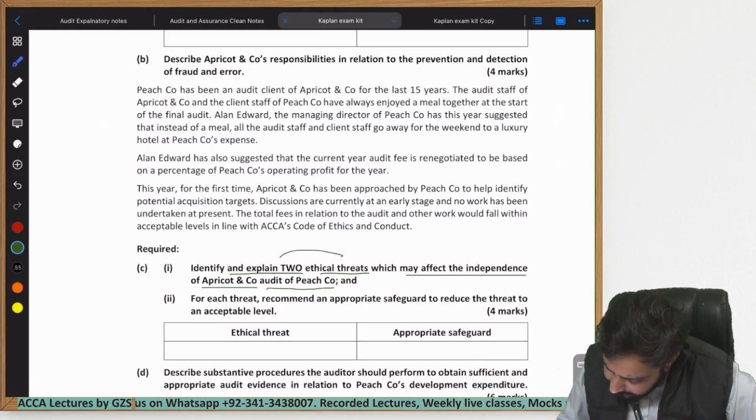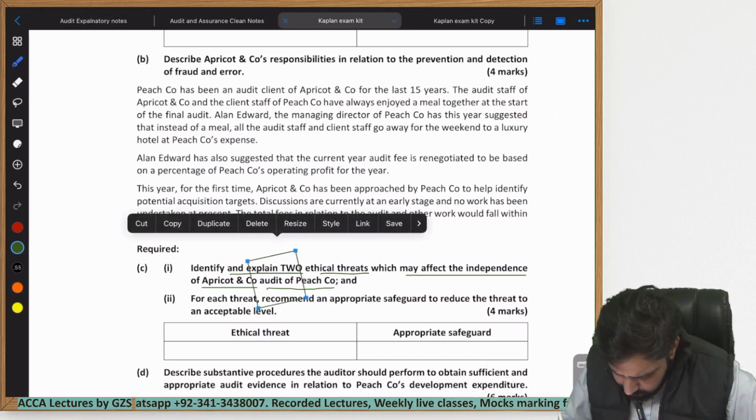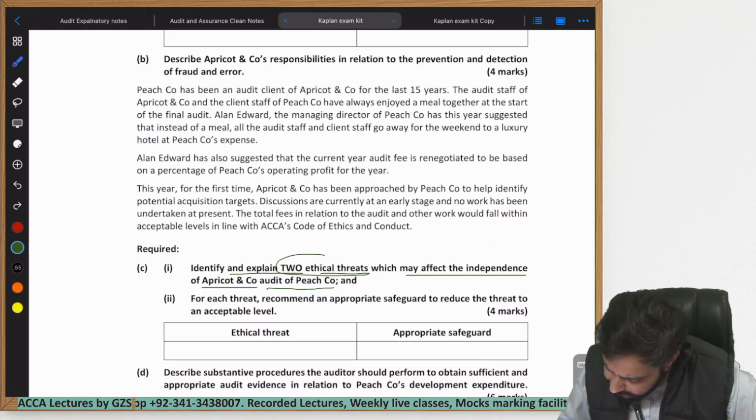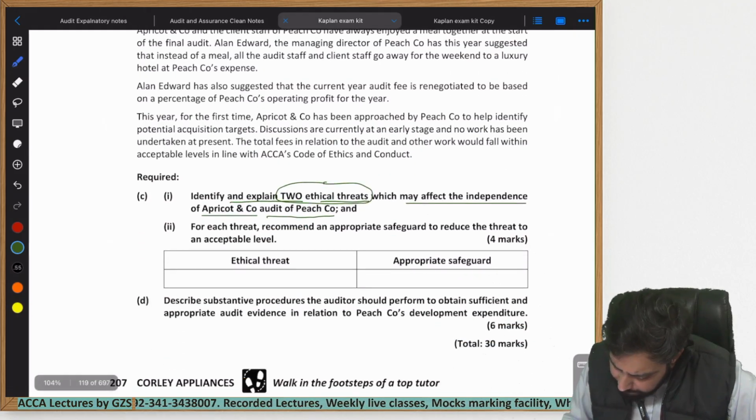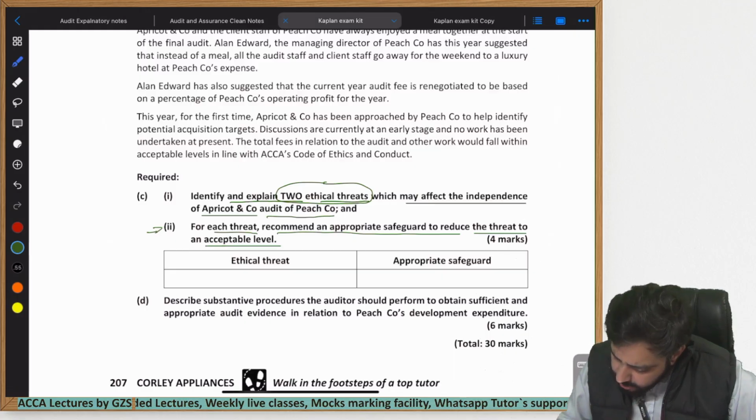So we have to identify two ethical threats only. And part 2 within ethics says that for each threat, recommend an appropriate safeguard to reduce the threat to an acceptable level. So we will also have to give a safeguard against it.